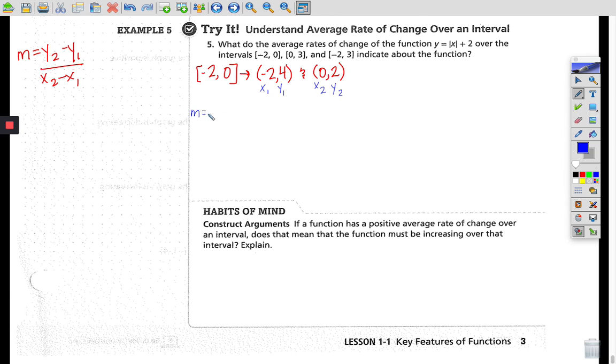So my average rate of change from negative 2 to 0, I would say 2 minus 4 over 0 minus a negative 2. Well, that's -2 over +2, which is -1. So that means my average rate of change from -2 to 0 is -1.